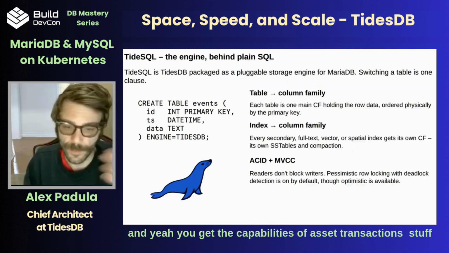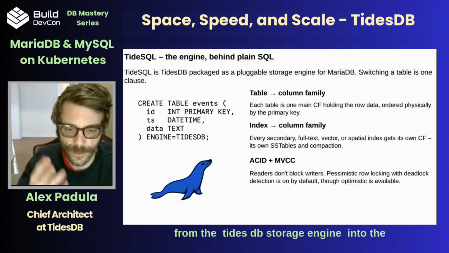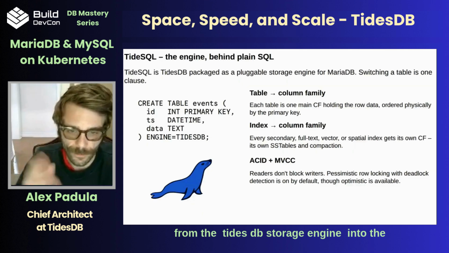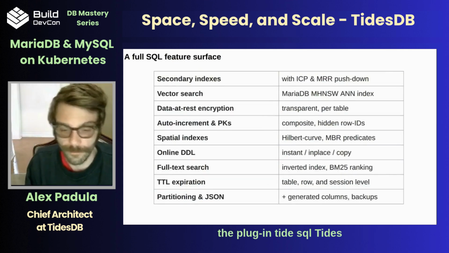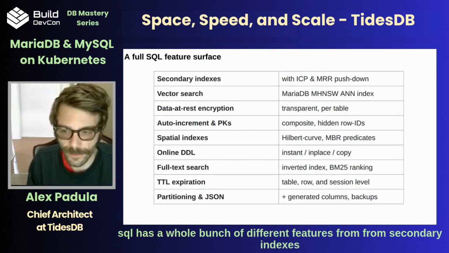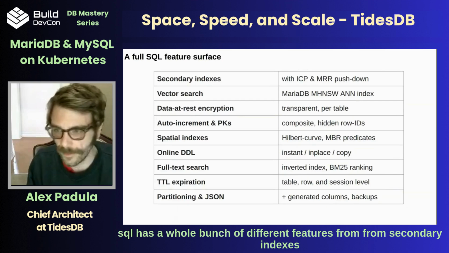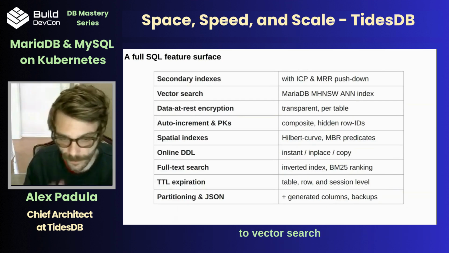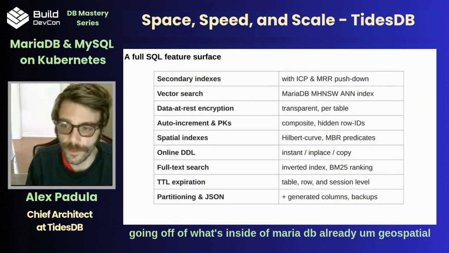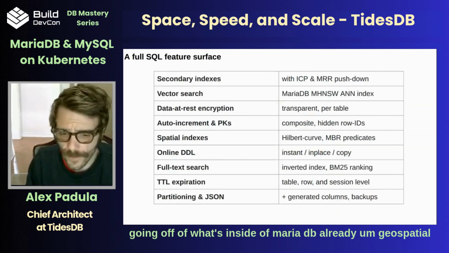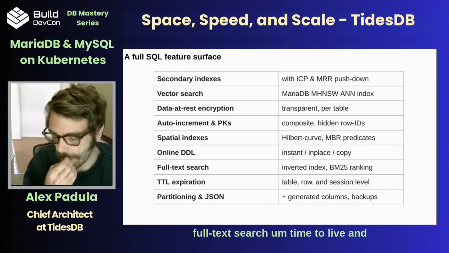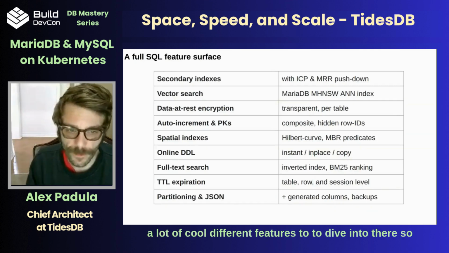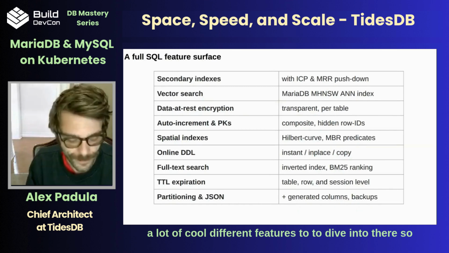And you get the capabilities of ACID transactions from the TidesDB storage engine in the plugin TidesSQL. TidesSQL has a whole bunch of different features, from secondary indexes to vector search, going off of what's already inside of MariaDB, geospatial, full text search with BM25, time to live, and a lot of cool different features to dive into there.